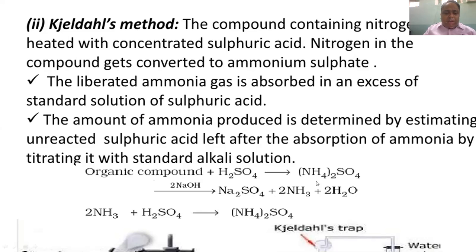Converting the organic compound up to ammonium sulfate is called Kjeldahl'ization or digestion. After the nitrogen is separated as ammonium sulfate, ammonia gas is taken out by treating it with sodium hydroxide.